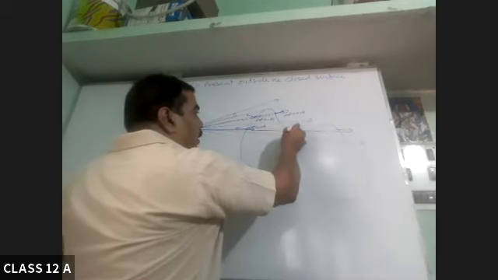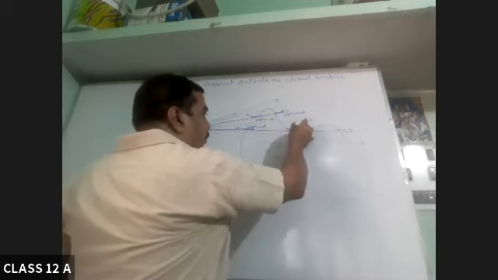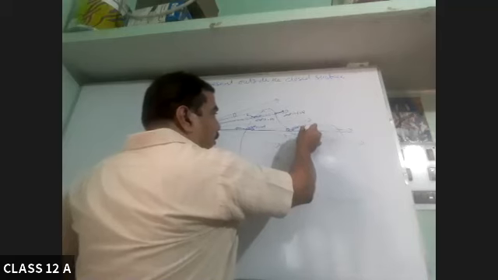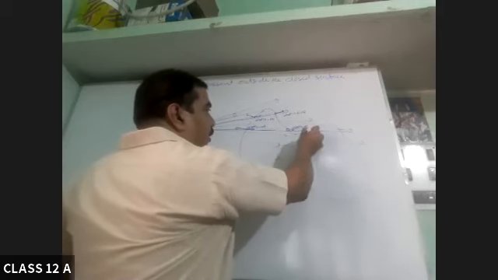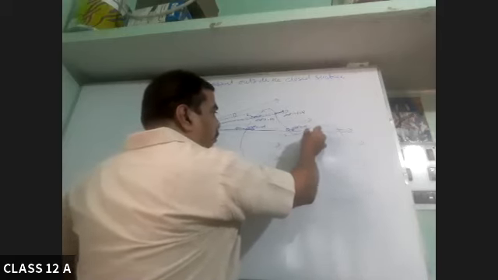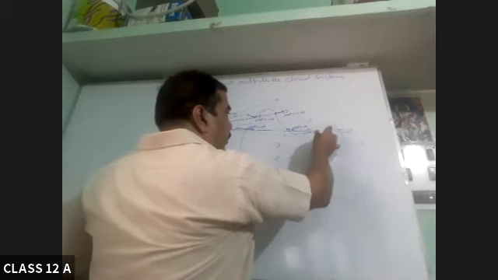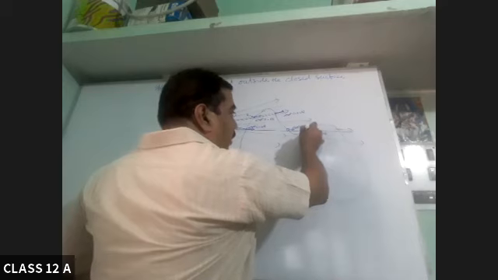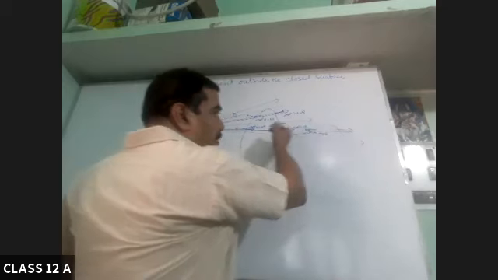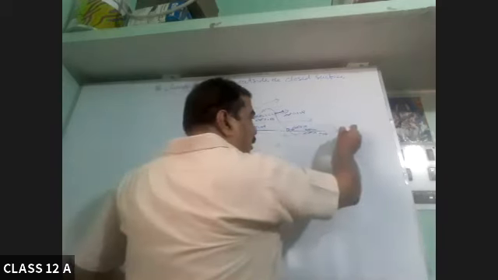Here delta phi positive. Here again delta phi negative. But here again it is entering, area vector this side, delta phi positive.